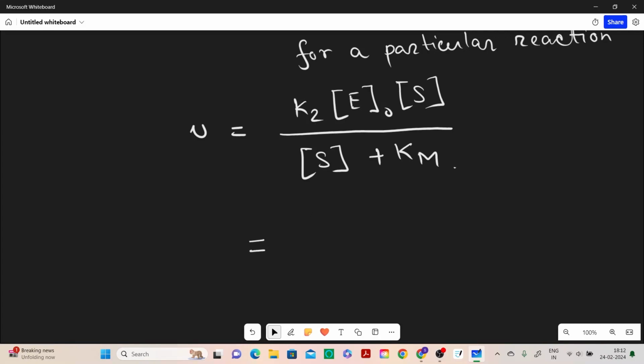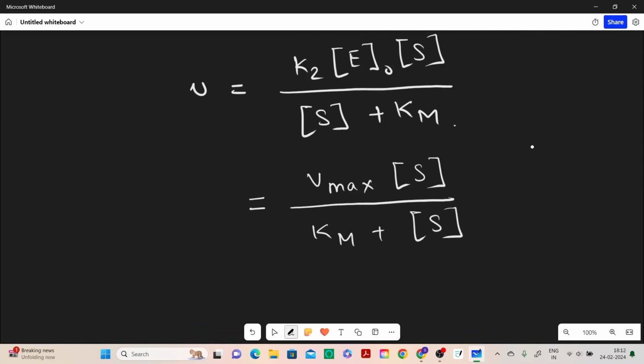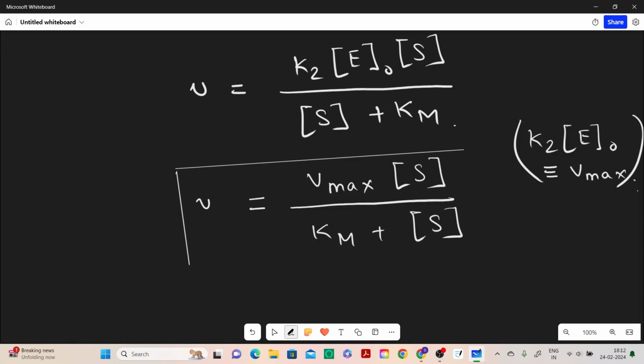So we can write it down as K2 into E naught as V max into S divided by Km plus S. So I think you got to understand, right, why this K2 into E naught is equivalent to V max. Okay, and this is the rate.